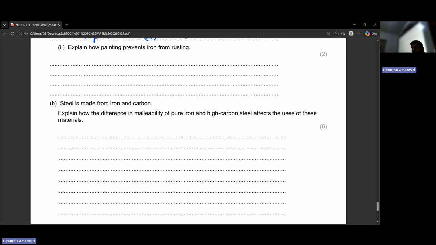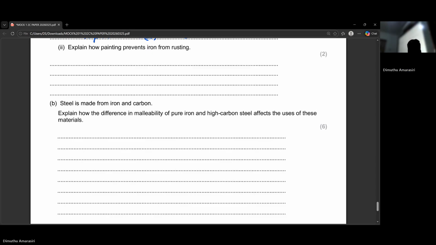We haven't talked much about steel. Now the recurrent question: steel is made from iron and carbon. Explain how the difference in malleability of pure iron and steel affects their uses. I told you pure metals are too malleable, too soft to use in everyday applications where strength is required.